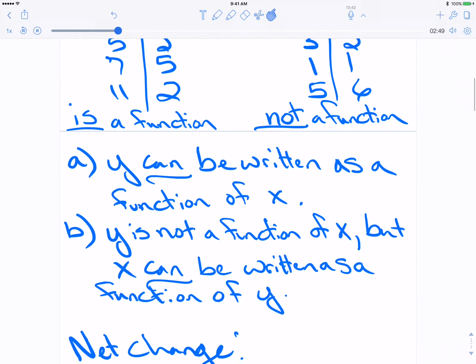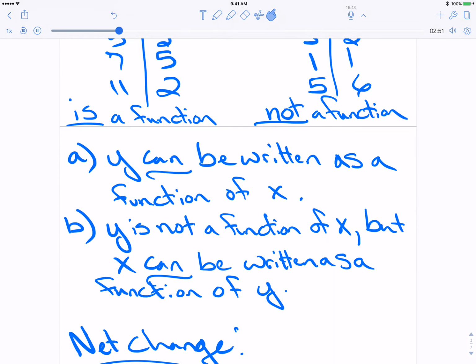So dependence and independence can effectively be summarized by the independent variable is the one that has to have no repeats, and the dependent variable can have repeats for something to be a function, or for an equation to be a function, or for data to represent a function.